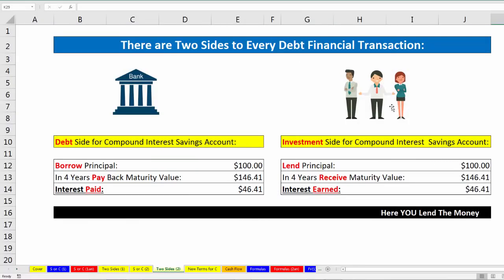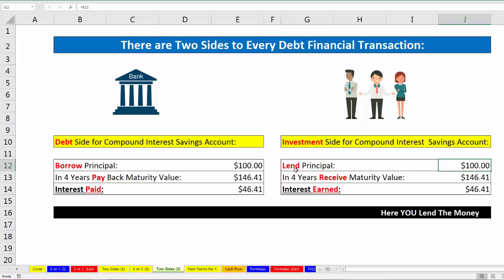Now, for this transaction, let's go look at the two sides. Oh, here's you right here. You're on the investment side for a compound interest savings account. You lent the principal? See, we don't think of it that way. When we put money in the bank, we think of it as our money. But what are you doing? You're actually lending the principal to the bank. The bank actually uses your money and goes out and loans or uses the money to try and earn a higher rate of return than they're paying you.